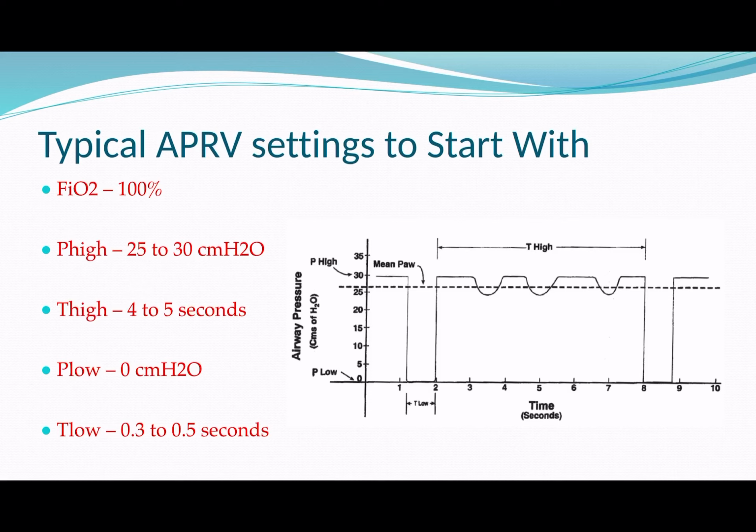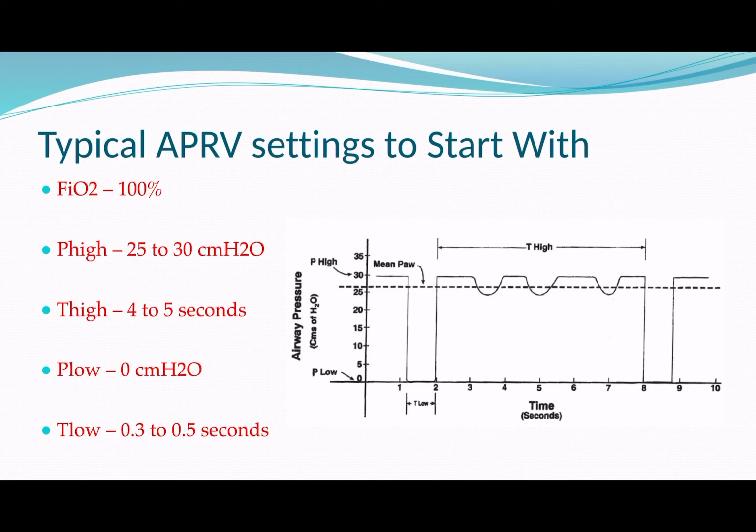So I would really recommend you watch my advanced video to actually work out the exact patient-specific, patient-tailored settings for APRV. But what I'm going to give here is for the most part what people start with for APRV in patients who have severe respiratory failure.